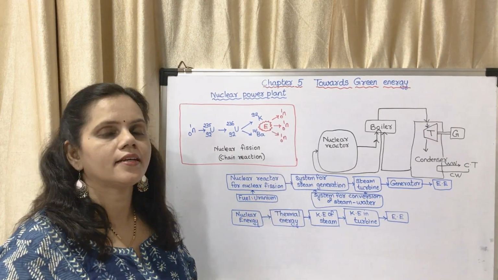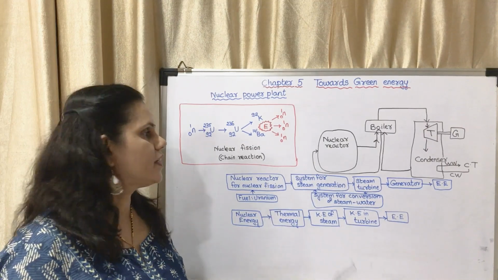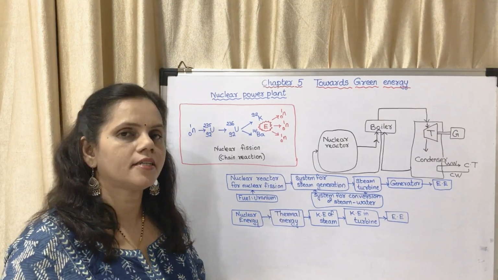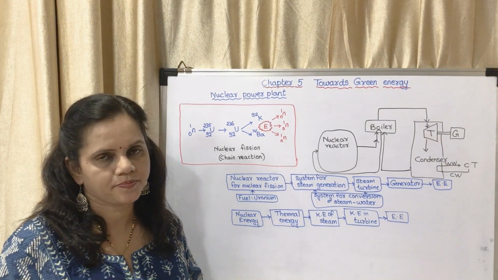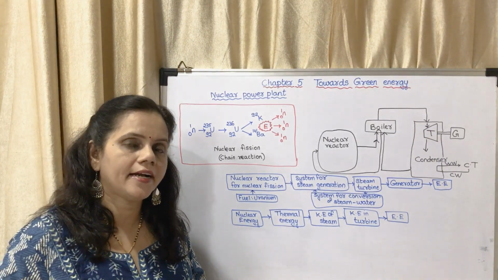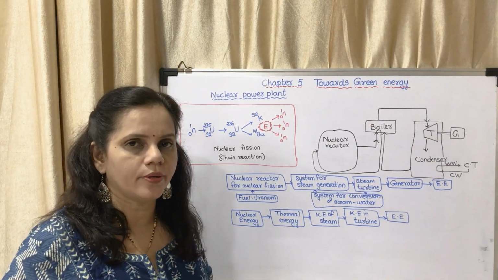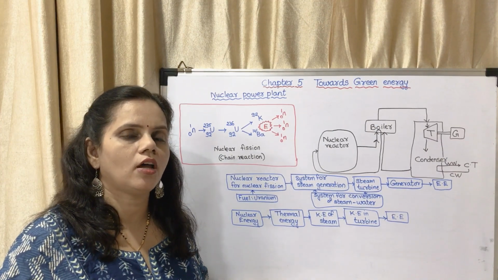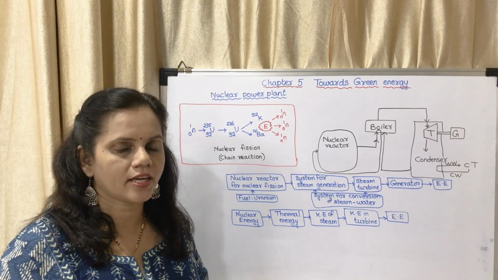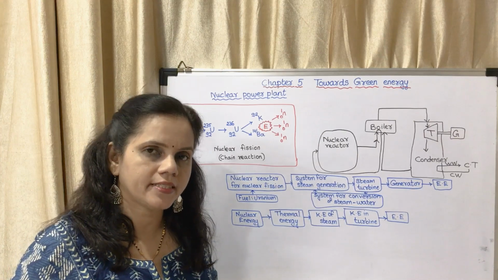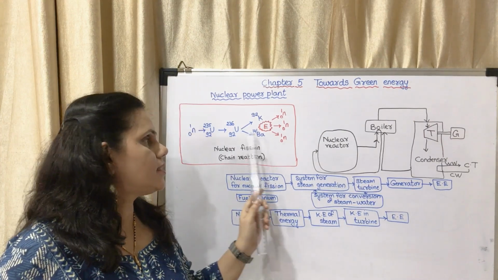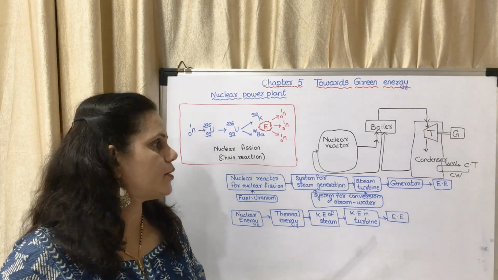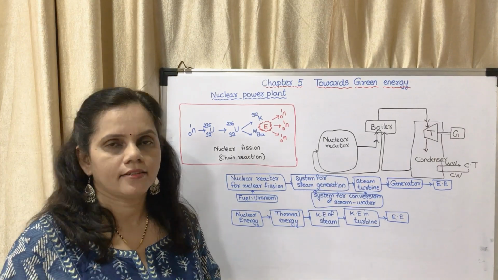This will collide with another uranium 235, and this will collide with another uranium 235, and the reaction is continued. Such reactions are called chain reactions, because this reaction is being continued in the nuclear reactor.